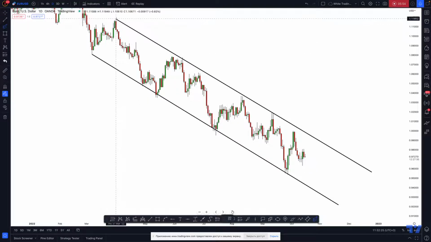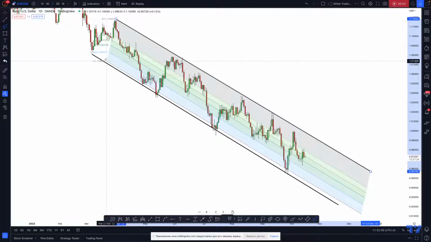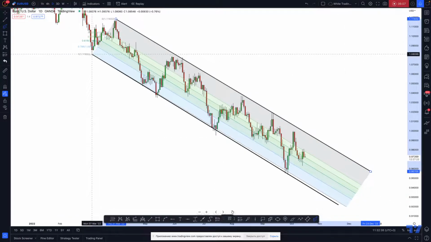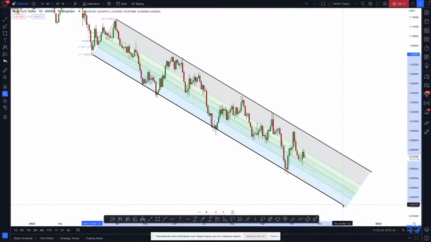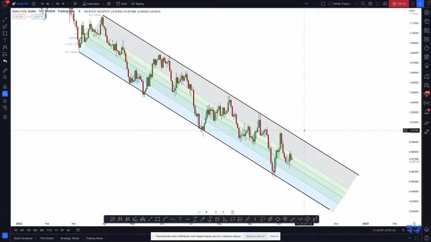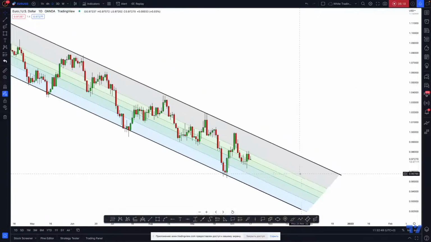So if it is a falling channel, again, we take the upper boundary of the channel, its initial point, its end point, and then we match that with the support of the channel. And here we should adjust the trend line a little bit. Yeah, here it goes. So that here on euro dollar, we have a Fibonacci channel.